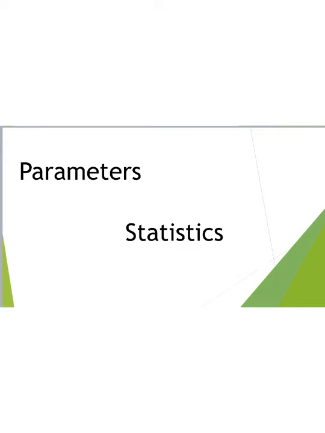So first of all, the parameters that we have in this lesson are mu and sigma. Okay, mu is the population mean, and sigma is the population standard deviation. So you will see both of those, and then we'll talk about x bar, which is the sample mean.